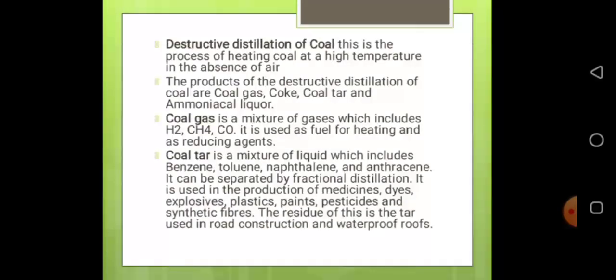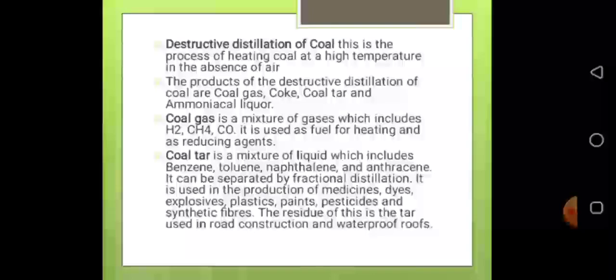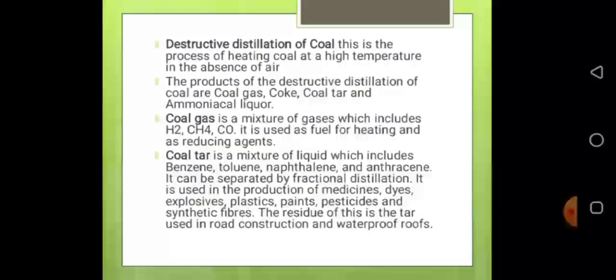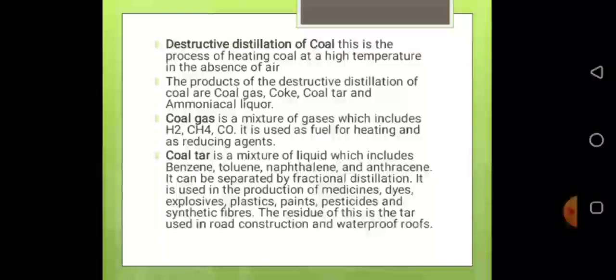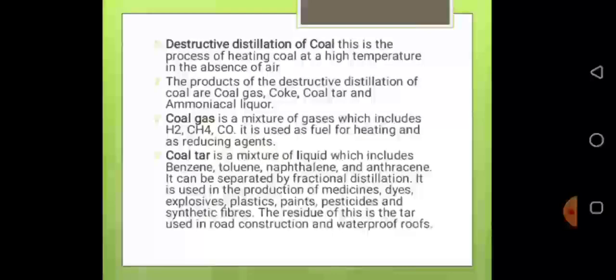So let's see the destructive distillation of coal. In the process of producing carbon, carbon is produced by the destructive distillation of coal. This is the process of heating coal at high temperature in the absence of air.